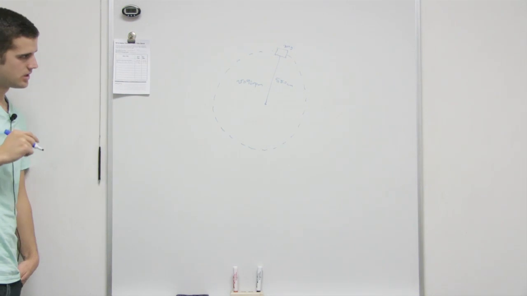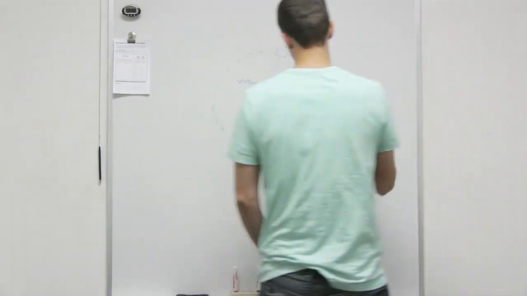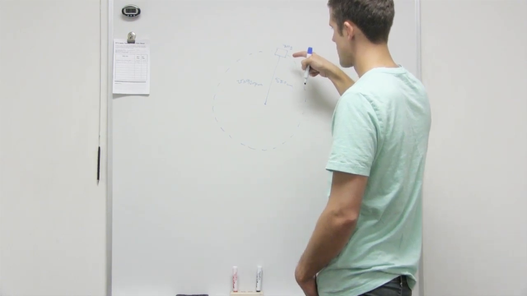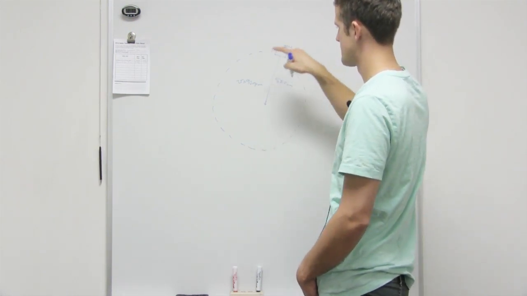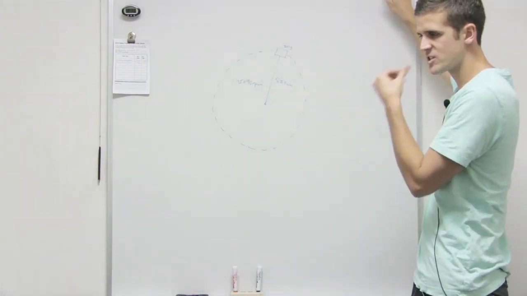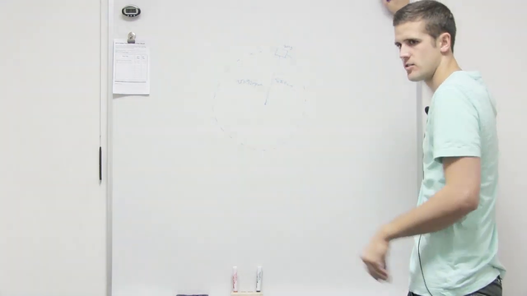So if this block goes around the circle 90 times every minute, how far is it if it goes around the circle just once? Like what's the distance it traveled?